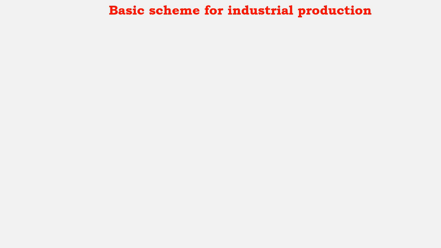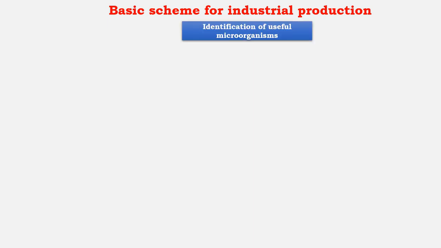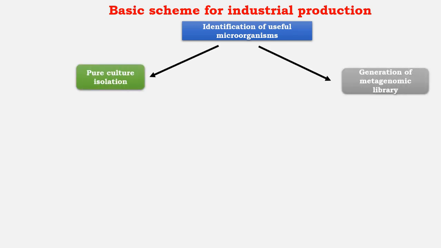So lastly, we have to know the basic scheme for industrial production or industrial application of microbes. First of all, we have to identify a useful microbe. So identification is very important. And the second important thing is production of the pure culture.